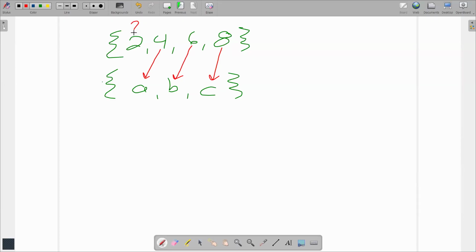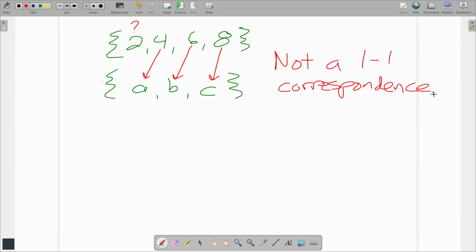So that's not a one-to-one correspondence. And usually I'll abbreviate that as a 1-1. So one-to-one correspondence means the sets are the same size. We can match up perfectly and not miss anything.